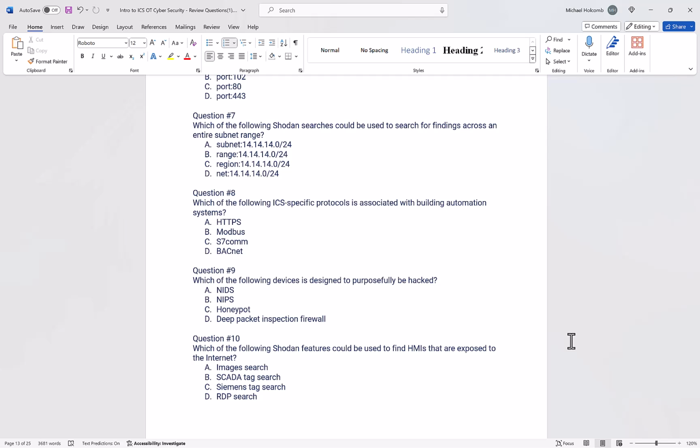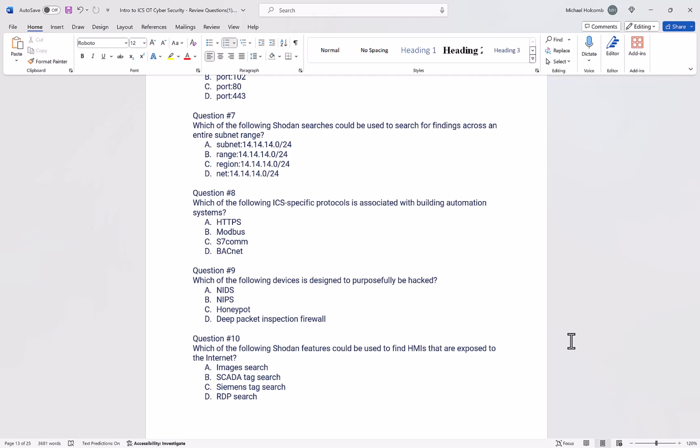All right, question 10, which of the following Shodan features could be used to find HMIs that are exposed to the internet? That was the one where we looked at the images search, right? The number of HMIs being exposed to the internet is dropping dramatically, which is a good thing from a security perspective. Kind of sad, I used to have a lot of fun finding all of these connected to the internet.